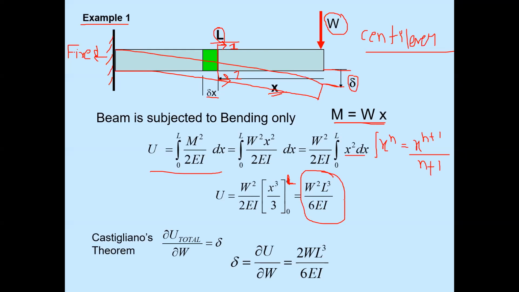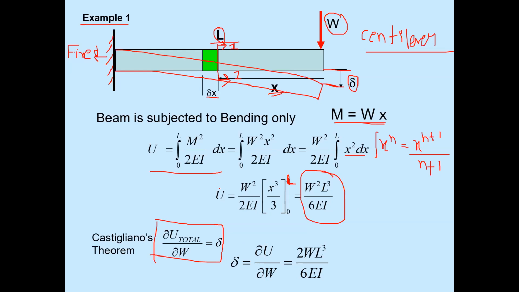Now I need to determine the displacement from this equation using Castigliano's theorem. Castigliano's theorem says that the partial derivative of the strain energy stored in a member with respect to the force gives the deflection, or with respect to the moment gives the rotation. So delta is equal to dU by dW.